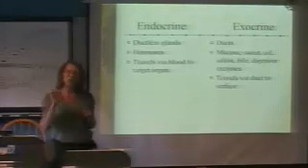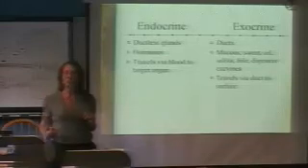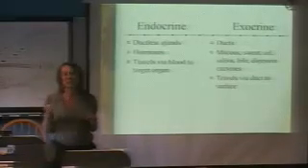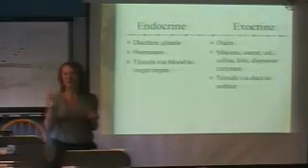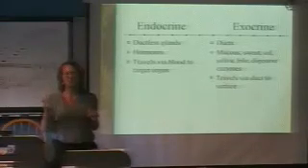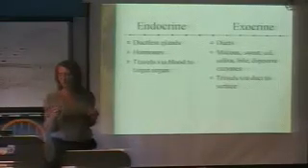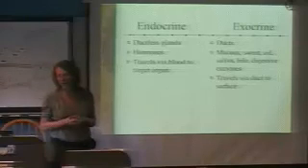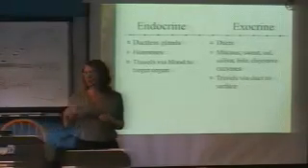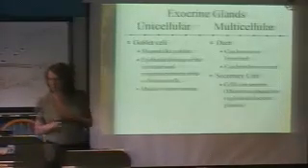Exocrine are going to have a duct. They will secrete their substances to a surface. Sweat glands and tear ducts are both examples. So it travels by a duct to a surface.